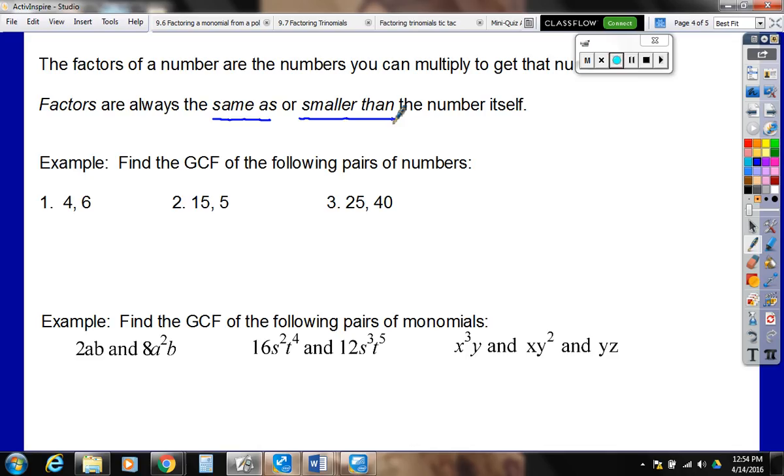So for 4 and 6, Emily, what's the greatest common factor? 2. Nice. Number 2, 15 and 5. Claudia, what's the greatest common factor? No, it's always going to be the same as or smaller. It has to be smaller than the smallest number, because 15 is not a factor of 5. 15 doesn't go into 5.